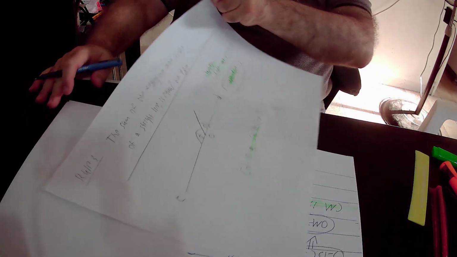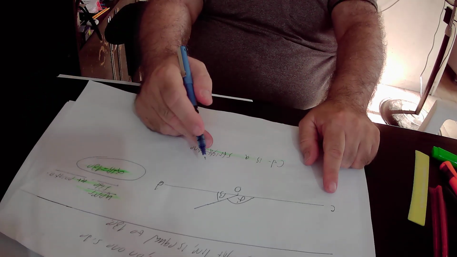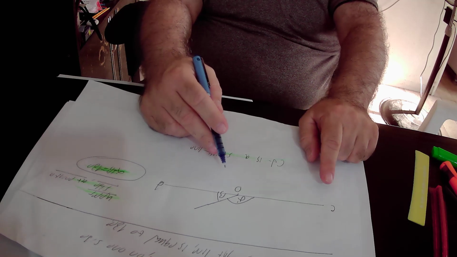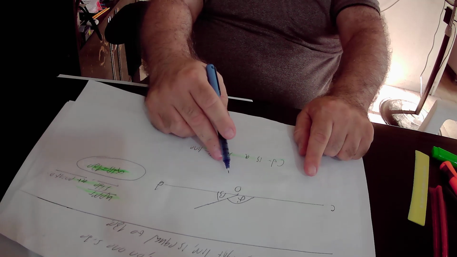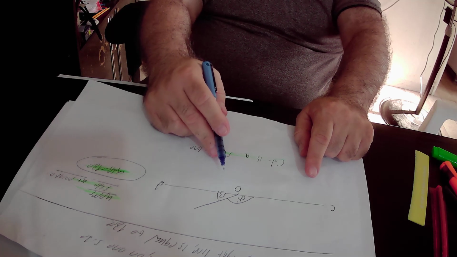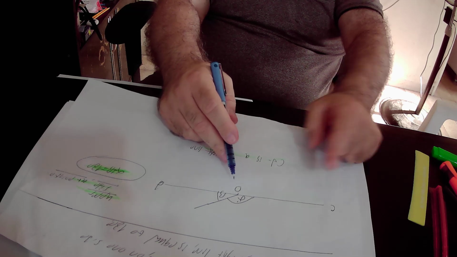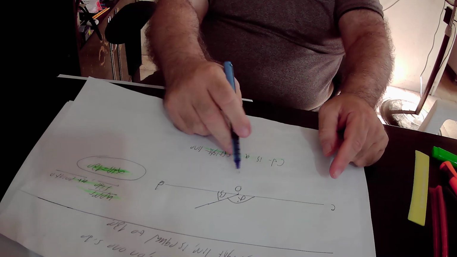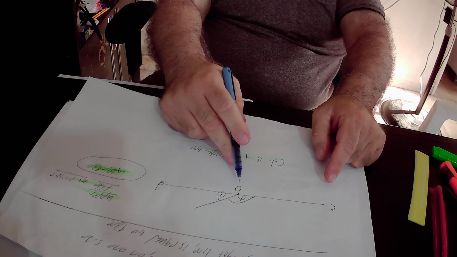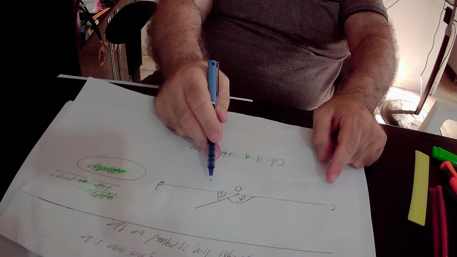So here we have the straight line CD. If you focus on the upper side of the straight line CD at point O, here the sum of the angles must be equal to 180 degrees. That is to say, alpha plus beta, which are the angles we have on the upper side of the straight line CD at point O. We have angles alpha and beta, and therefore alpha plus beta must be equal to 180 degrees.